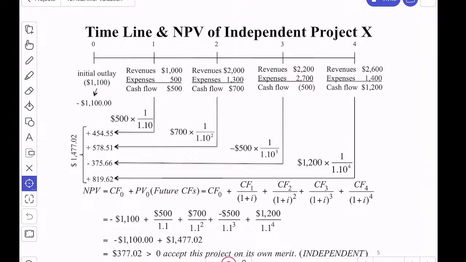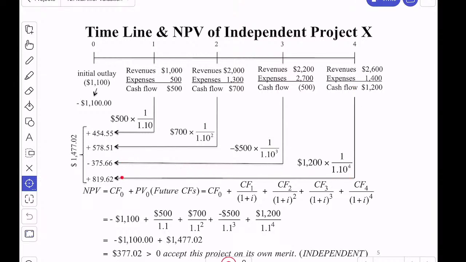All right, so in the timeline we see the initial outlay, and then we calculate the cash flow from the first period. We would discount that one period. The cash flow from the second period would be the net revenue in the second period, and we would discount that. Don't forget what we've learned, that we discount each because of the time value of money effect.